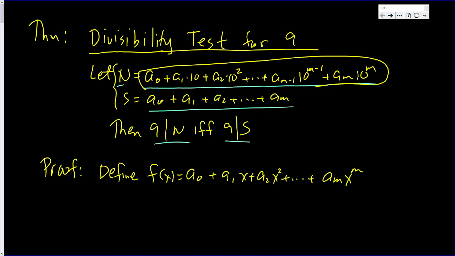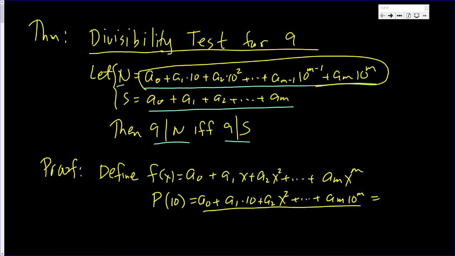Now p of 10 is going to be a0 plus a1 times 10 plus a2 times 10 squared, and so on, up to am times 10 to the m. But that's n. I defined it in here.